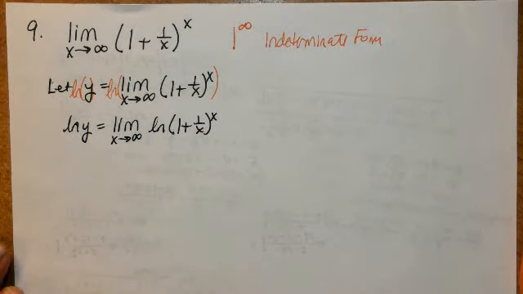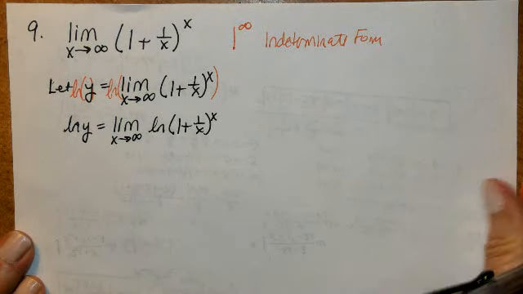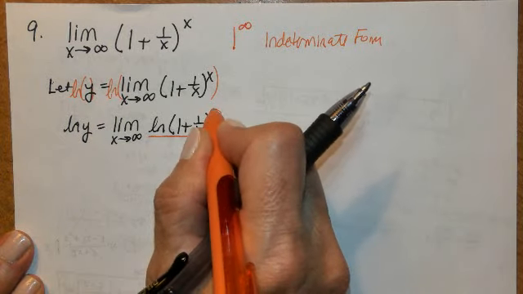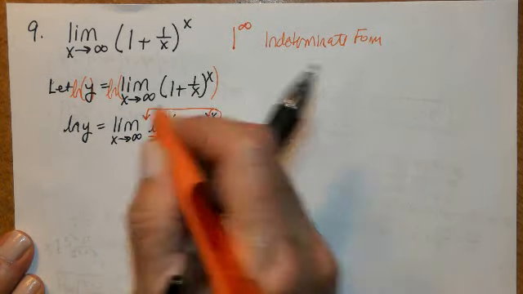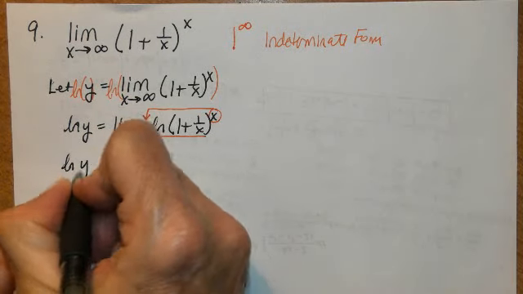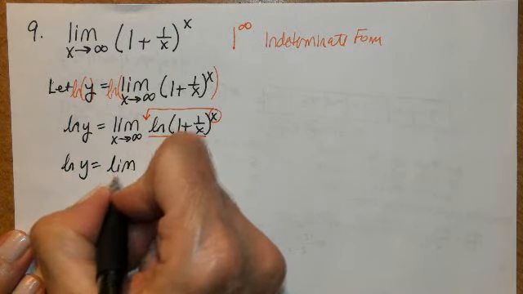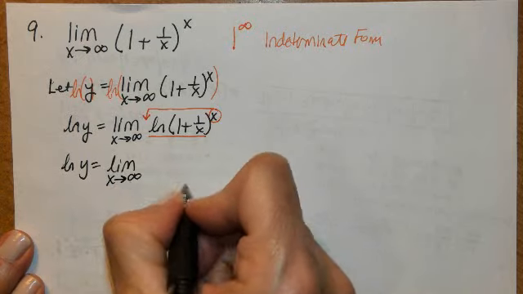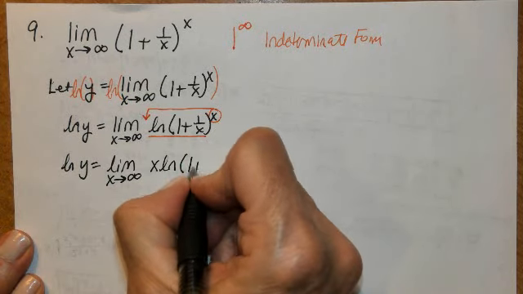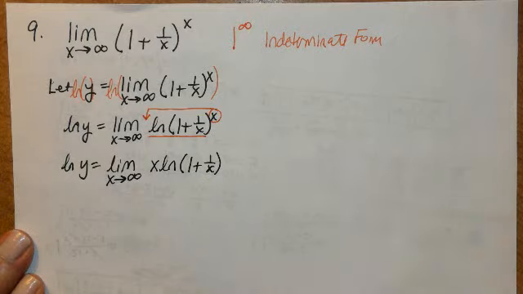It's a property of limits and logs together. All right? Now I'm where I want, because now I can pull this x to the front of the natural log, right? So I'll have limit as x goes to infinity of x ln 1 plus 1 over x.